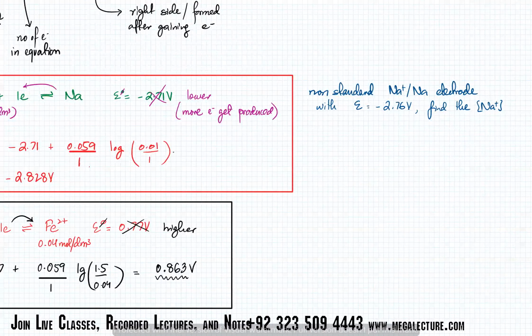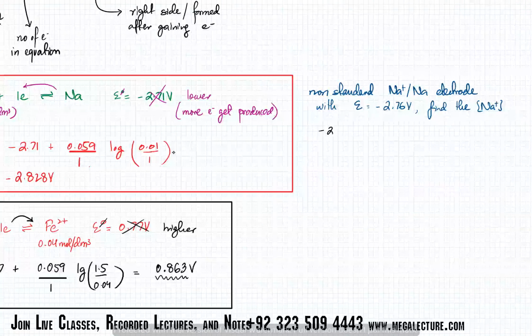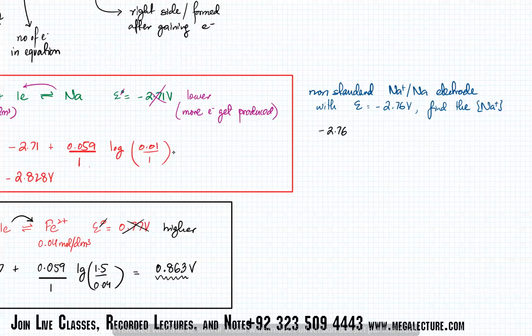So you're going to use the Nernst equation again. You already know that the non-standard potential is coming out to be minus 2.76. You know that E is equal to E naught. E naught क्या होता था?